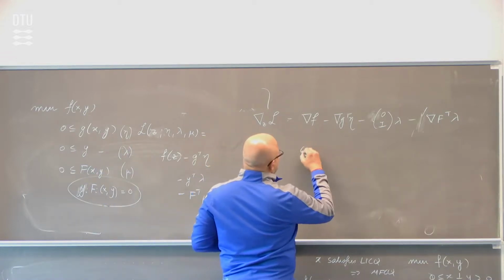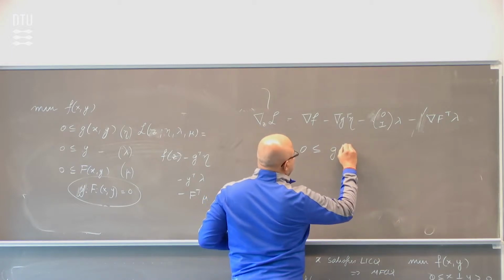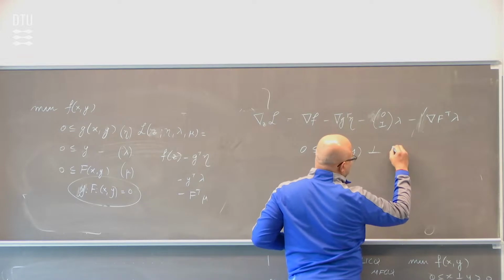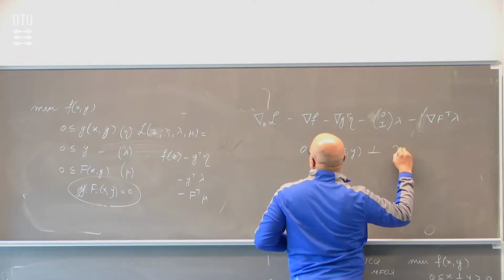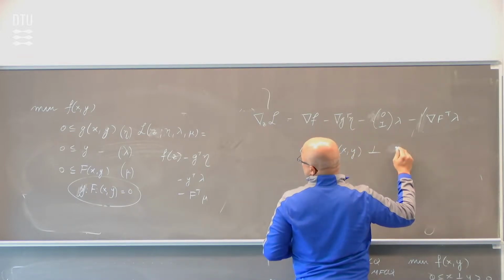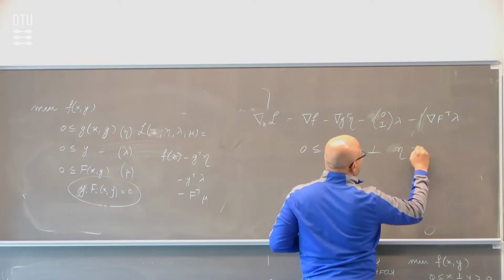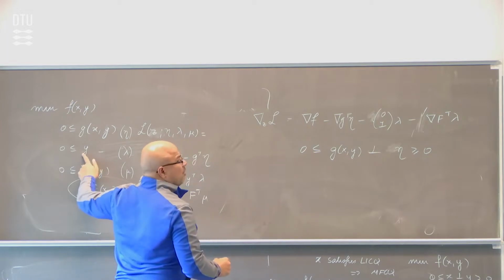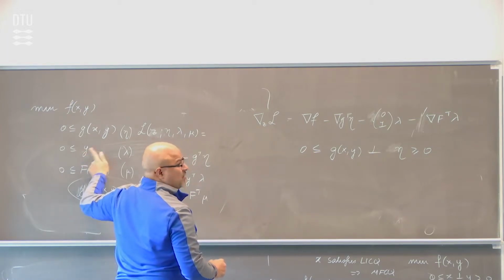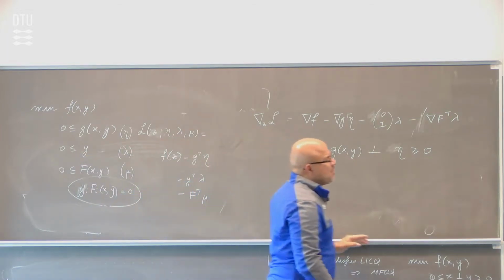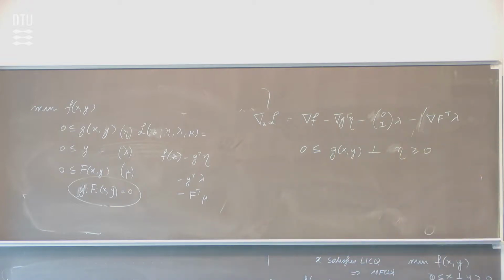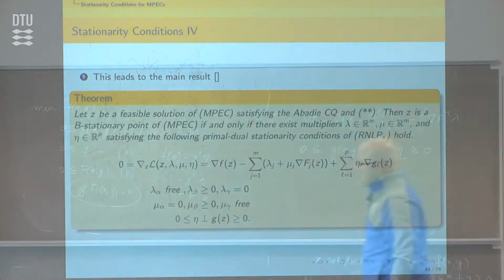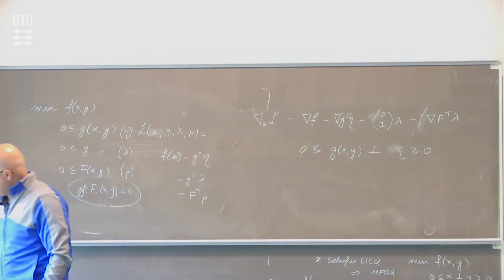And then you have complementarity between this. So you have 0 is less than g of xy, and that's perpendicular to lambda, not lambda. Which one is it? Oh, eta. Okay, so now the question is which of the y's are 0, which are greater than 0. I want to make sure everybody understands how I get the rest of these conditions.